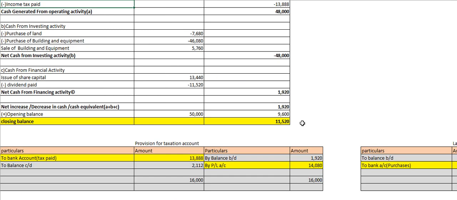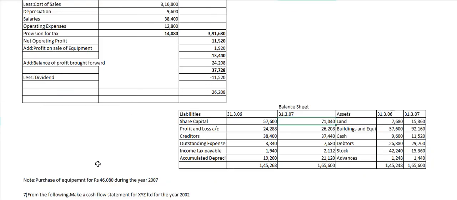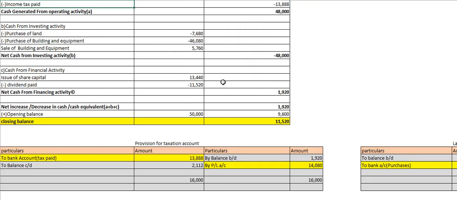If it's an increase, we assume the company has issued share capital, so it is inflow of cash. If it is inflow of cash, you will add it. If it is outflow of cash, you will minus it. That is the simplest logic. So issue of share capital 13,440. So the next one is we have dividend paid during the current year 11,520.